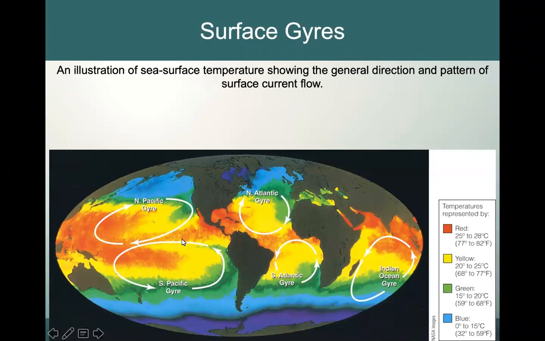If we look at the South Pacific, we again see the warm waters being transported poleward by the East Australian Current and then being returned here, these green waters that are coming back up along the coast in the Peru Current or Humboldt Current.